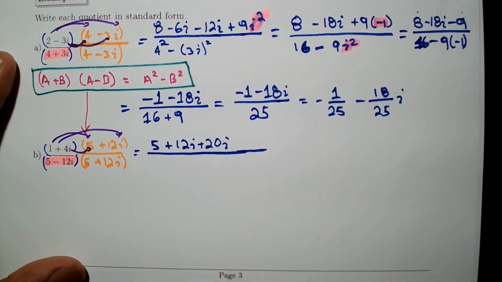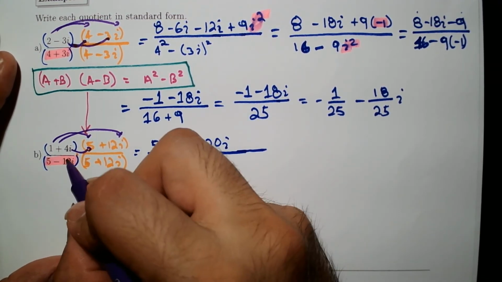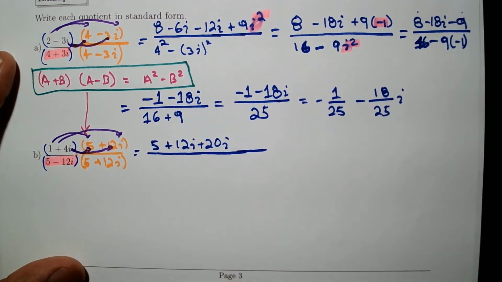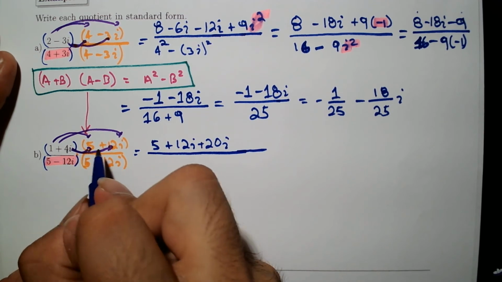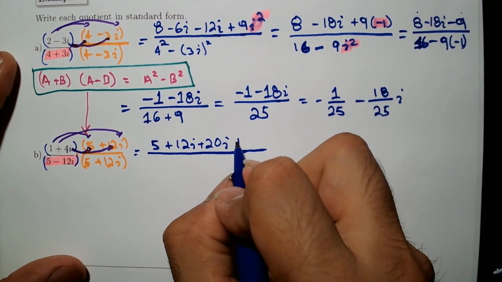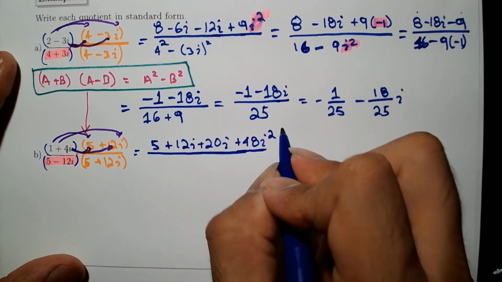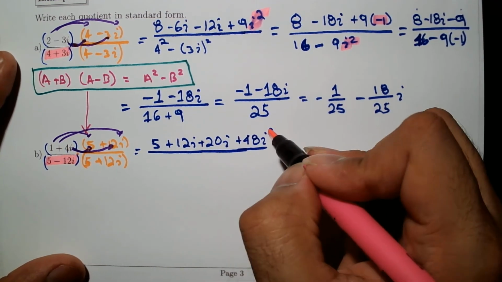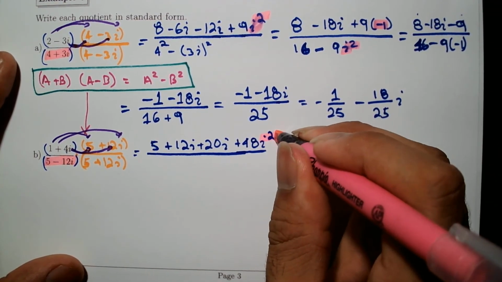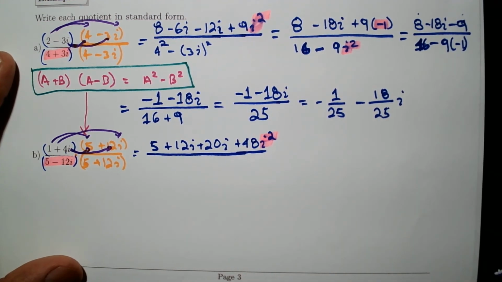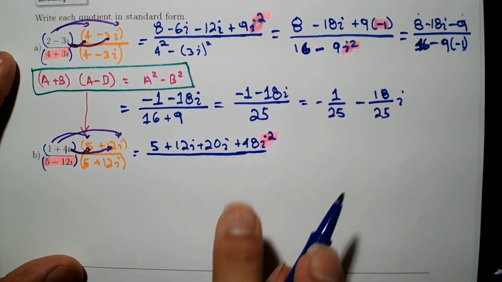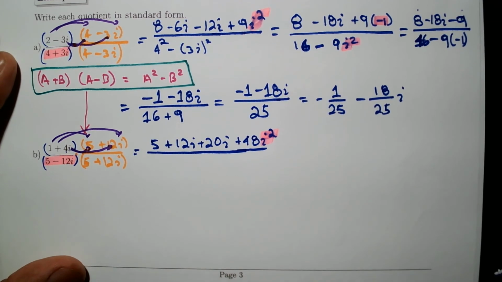And then 4i times 12i, that's going to be 4 times 12, 48 i squared. But again, what is this i squared? Recall that's negative 1. We'll take care of that in a second.